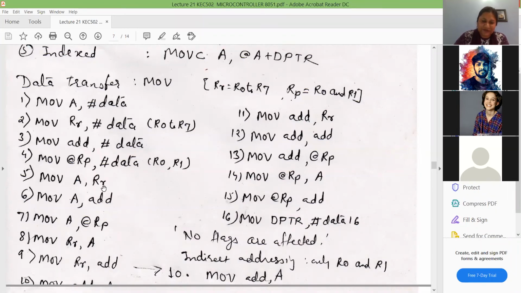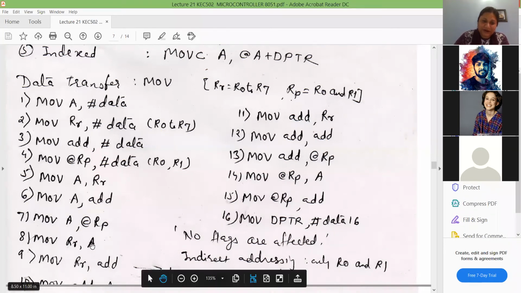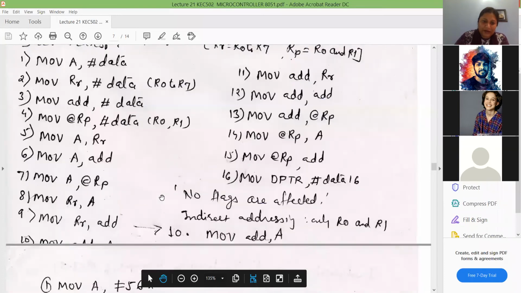Then you can transfer the data from any register R0 to R7 to the accumulator, from any RAM location to the accumulator, from the accumulator to any register R0 to R7, from any RAM location to any register R0 to R7, and from the accumulator to any RAM location.